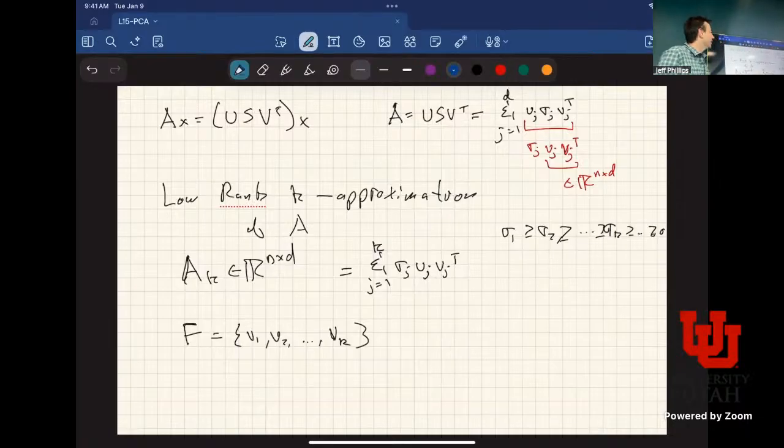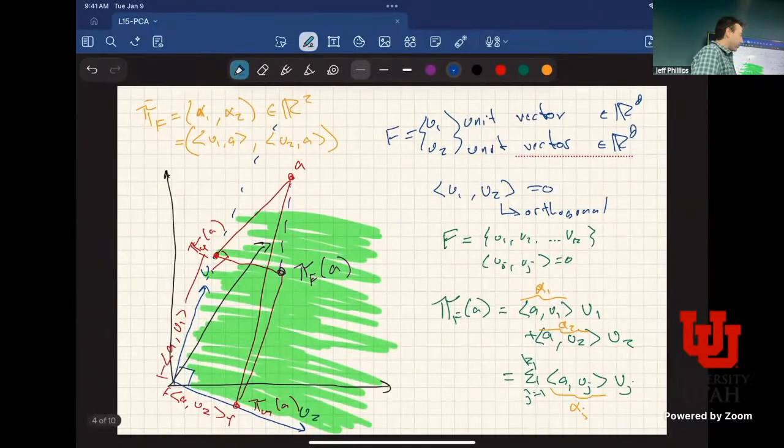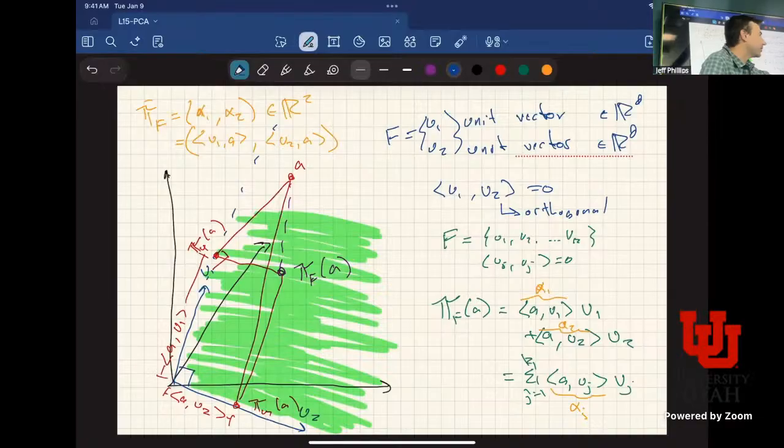Okay, and I can now think of recomposing this by adding up the left singular vector times the singular value times the right singular vector. This allows me to recompose the point in a very similar way to what we did here. This is the left singular vector times the singular value, the first right singular vector, then the second right singular vector, for a single point.